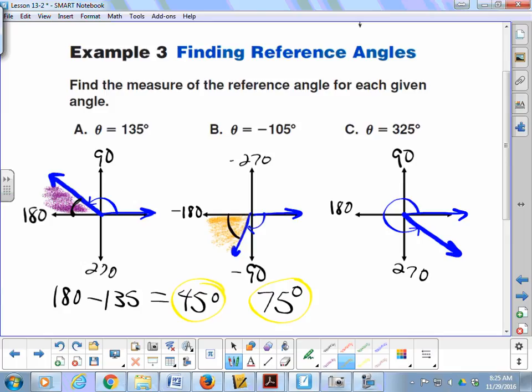So we're trying to find this distance here. Right? How far is 325 from the x-axis? Well, the x-axis then would be what? 360. All right? So if I need to do some subtraction then, in this case, we'll do 360 minus 325. So our reference angle would be 35 degrees.